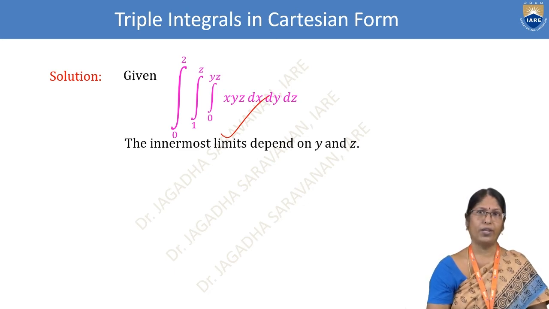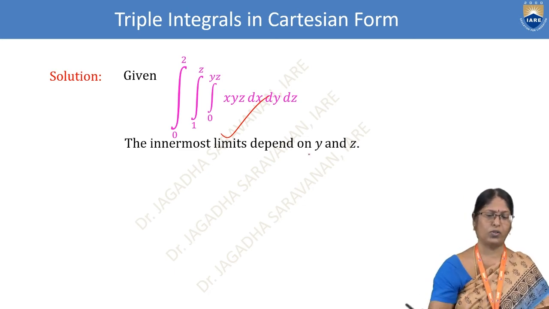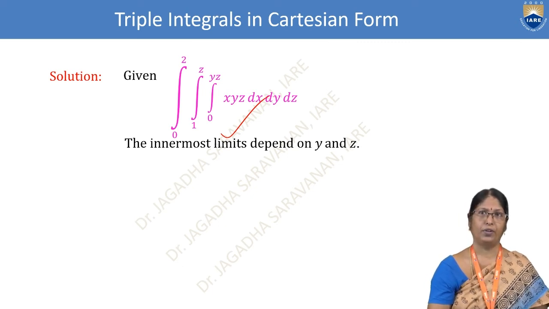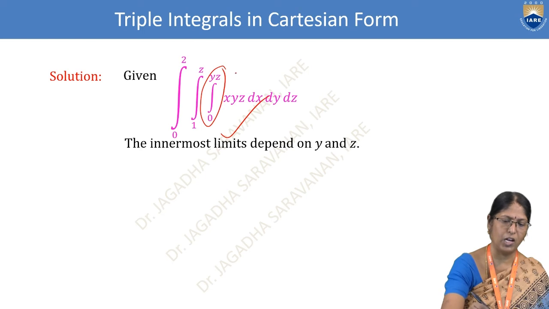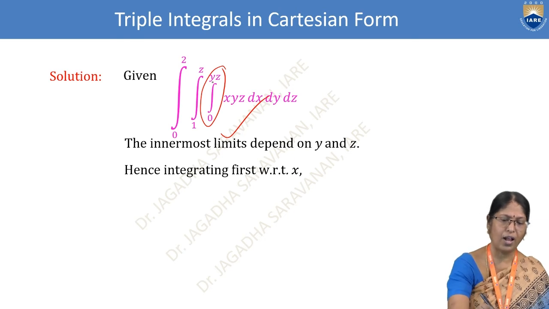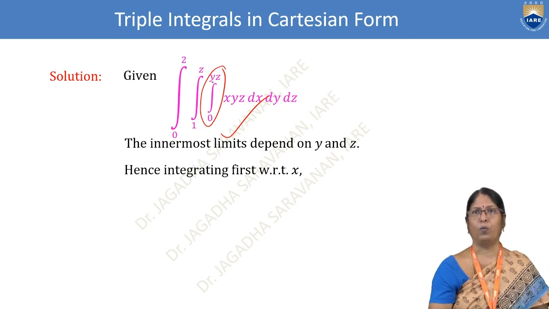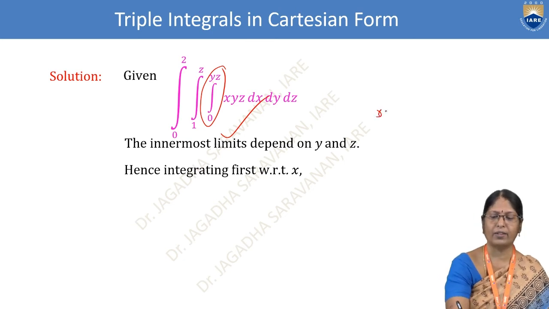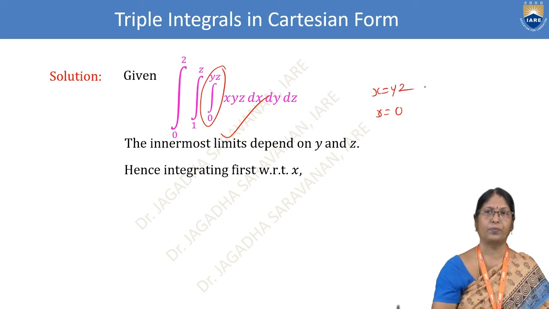Now if you are noticing, the innermost limits depend on y and z. That is, the innermost is a function of y and z. So it can be written x equal to 0 and x equal to yz.